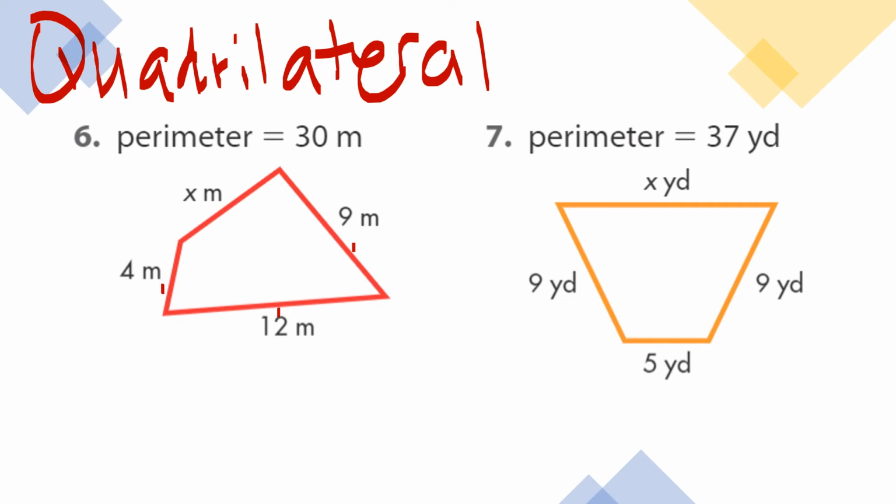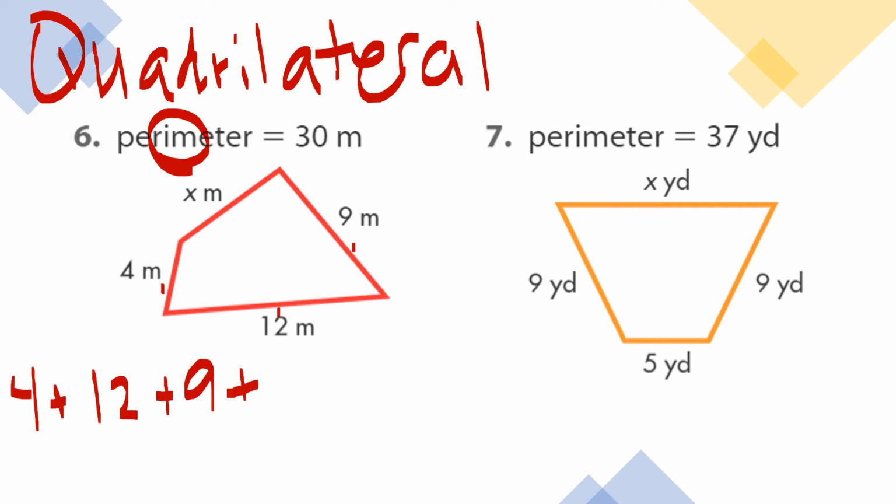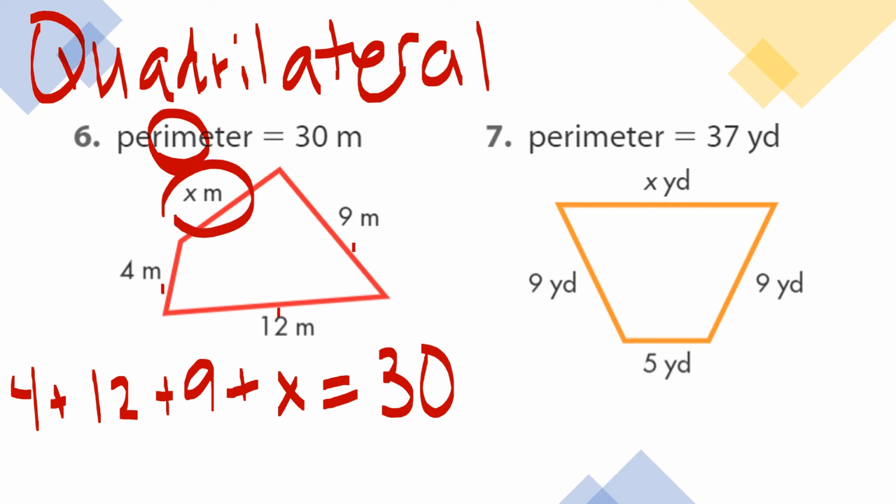Clearly looking at this shape, they're not all the same length. So I'm going to, again, add my numbers because I'm finding the perimeter. So I have 4 plus 12 plus 9 plus x is going to be equal to 30. And again, we're doing the equal to 30 because in this particular lesson, we have that unknown side.